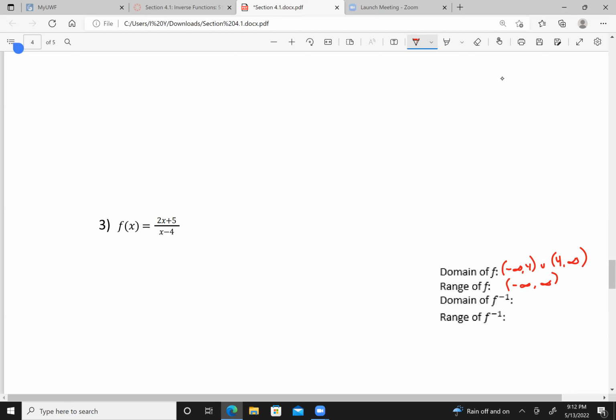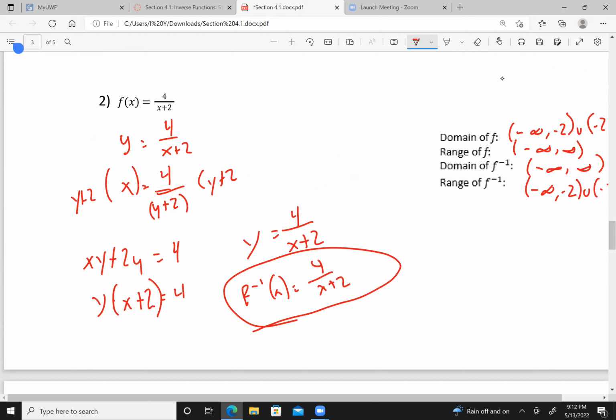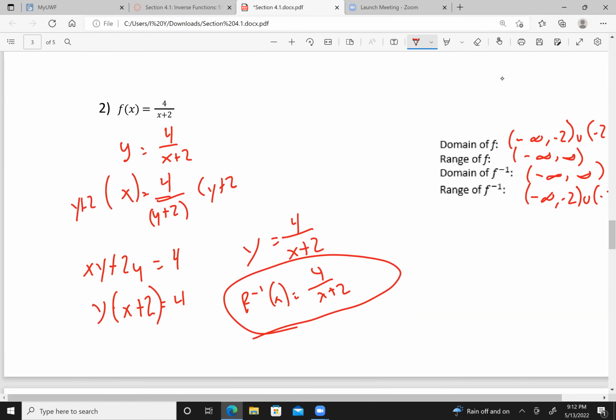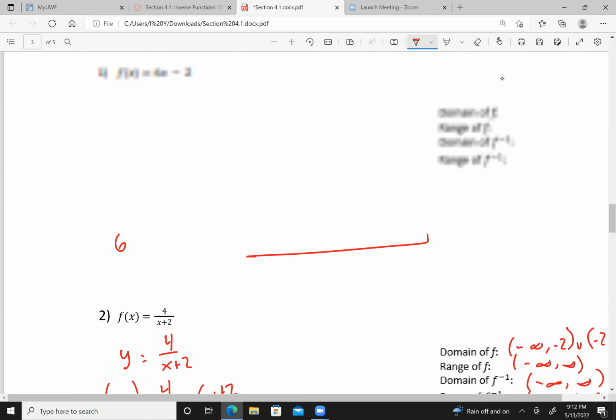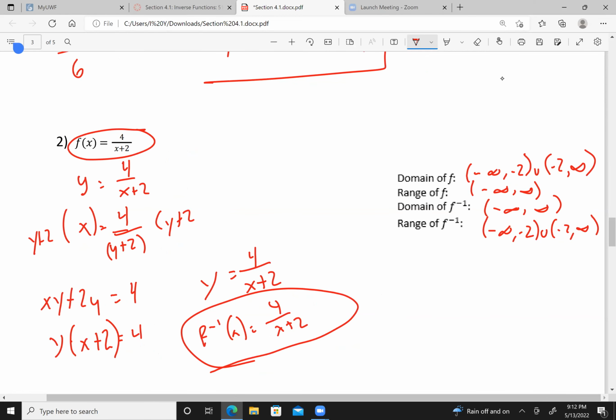Actually, that's not true. And neither is this. Because this will never be 0. So we need to change the range to not include 0, and then the domain of f inverse of x to not include 0.